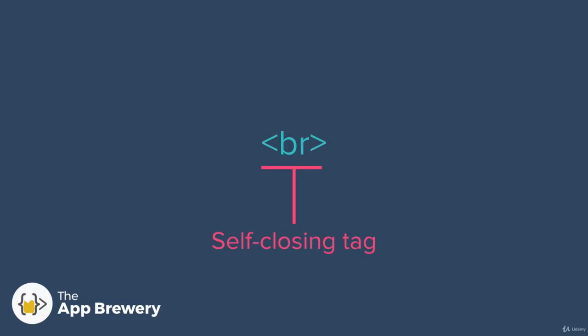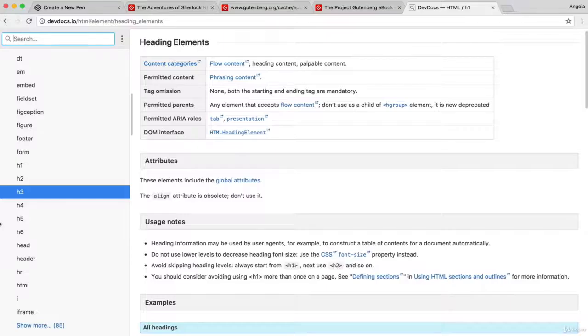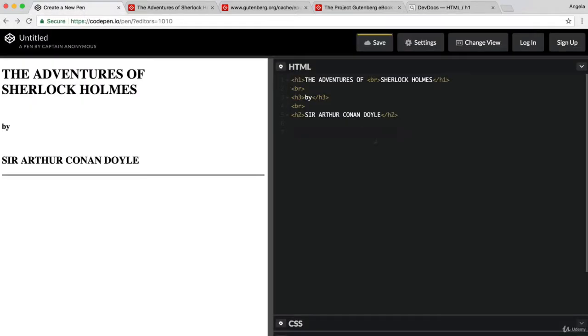Now, how do we find out if something requires a closing tag or is self-closing? Well, this is where we head to the documentation again. If we have a look at the documentation for the heading elements, you can see that in the table there's a part that says tag omission, and it says that both the starting and ending tags are mandatory so that you can specify which portion of your text you want to apply this structure to.